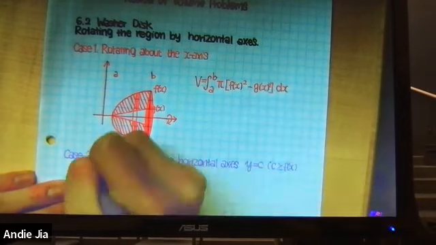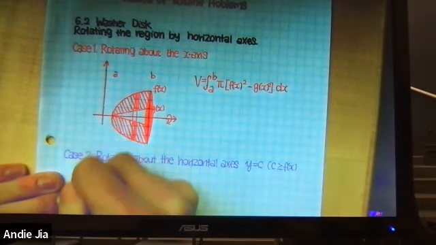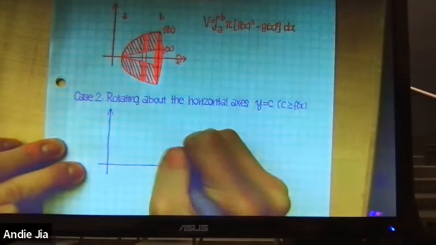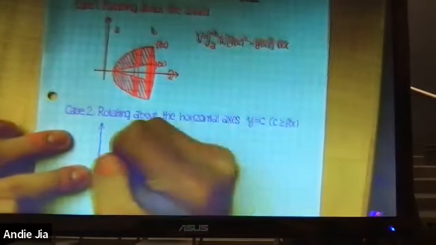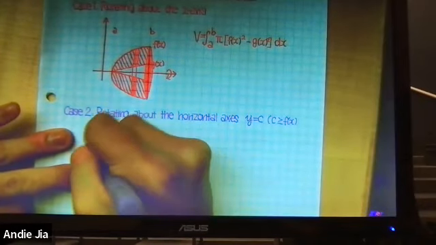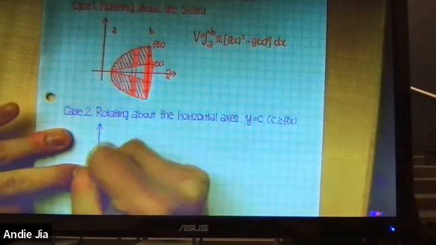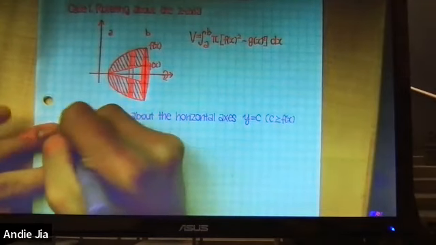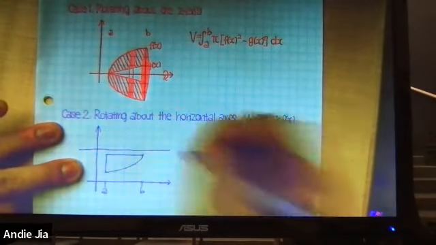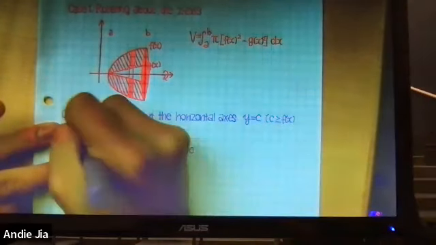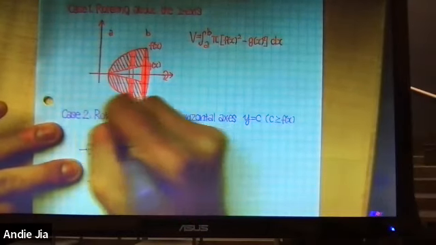In this case, it would look like this. Perhaps this is the region, and this is the axis. We have the function from a to b. You're rotating about the y equals c axis. Rotate them, and this is how we get the curves.